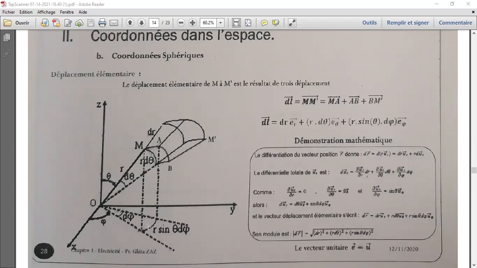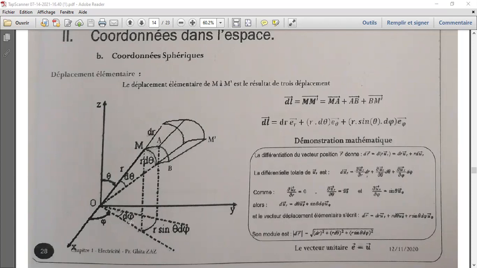So it forms a small circle. When you move from M to R, you form an arc, and you only change the d phi. The angle phi is the one which changes, which is the differentiation of phi.